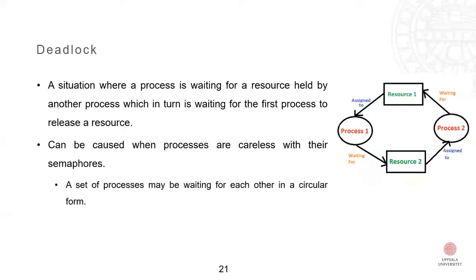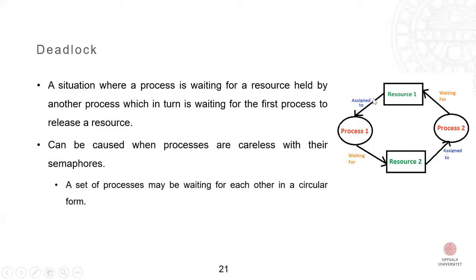Okay, they are very good. They allow us to have protection for our resources, but there might be a problem. So, for example, one of these problems, which is very famous, is called the deadlock. A deadlock can be caused when you have different processes or threads that are using their semaphores in a wrong way, and they are waiting for each other forever.